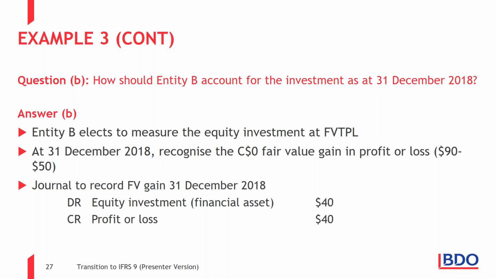If you compare this answer with the answer to example 2B, the journal was slightly different because we said debit equity investment and credit revaluation reserve, which is part of OCI. So example 2 and 3 can be put next to each other to contrast and compare, treating your equity investment at fair value through profit and loss versus treating your equity investment at fair value through OCI.